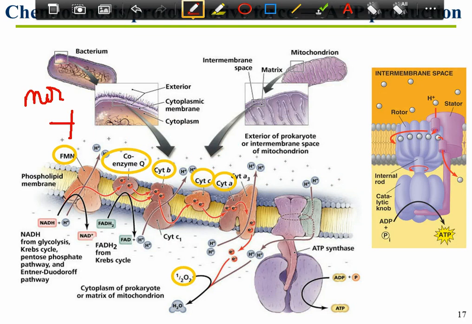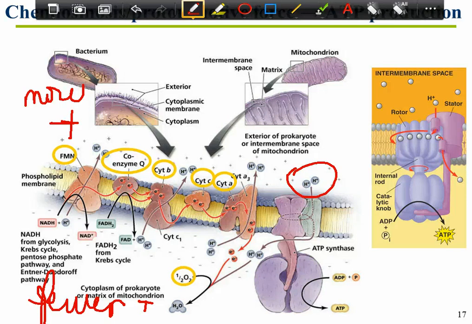Let me put more positives out here, fewer positives inside. And we also have a pH gradient, because remember that hydrogen ion is directly related to acidity. So now we also have a difference in pH potential.